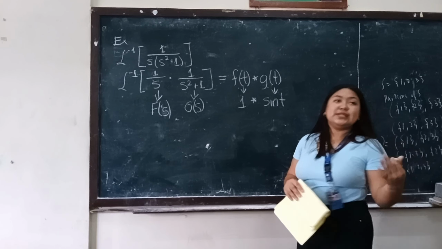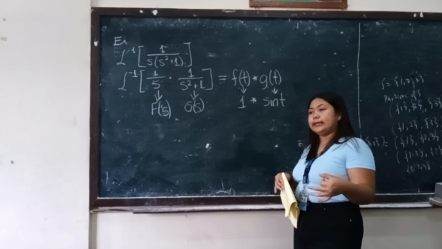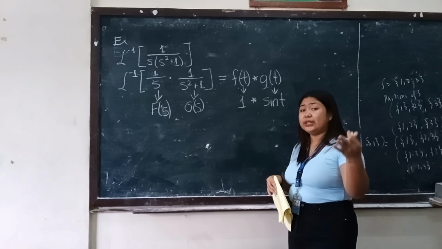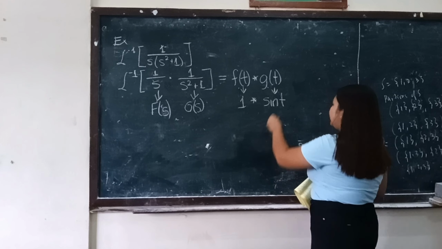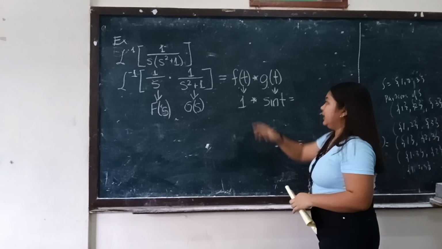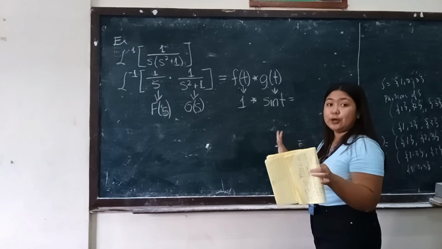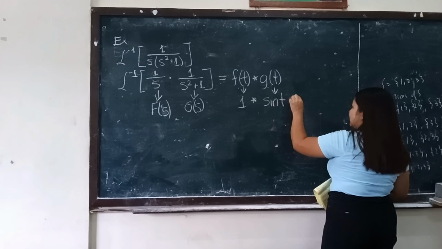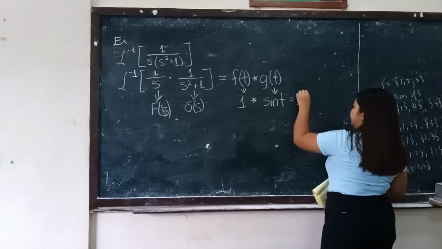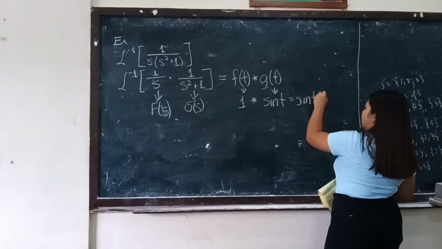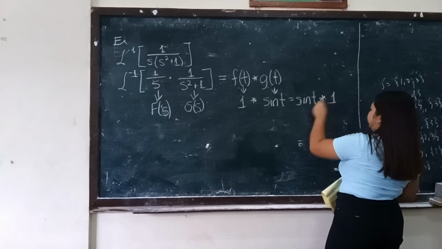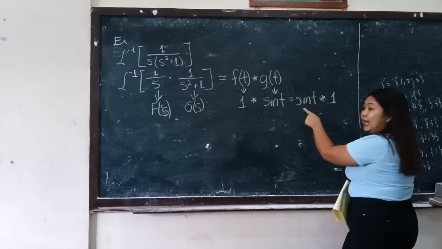Since the convolution is commutative, we can swap them, so we write this as sine t convolution 1.